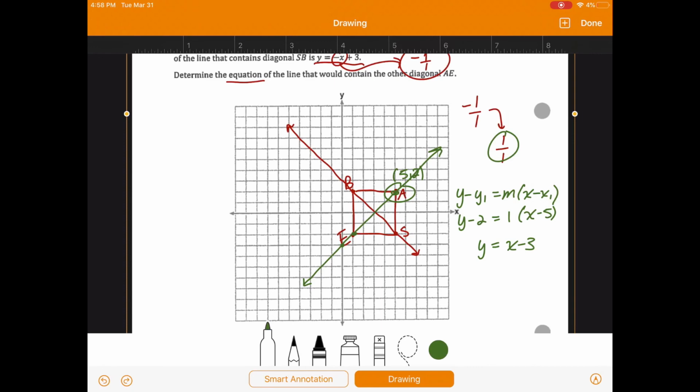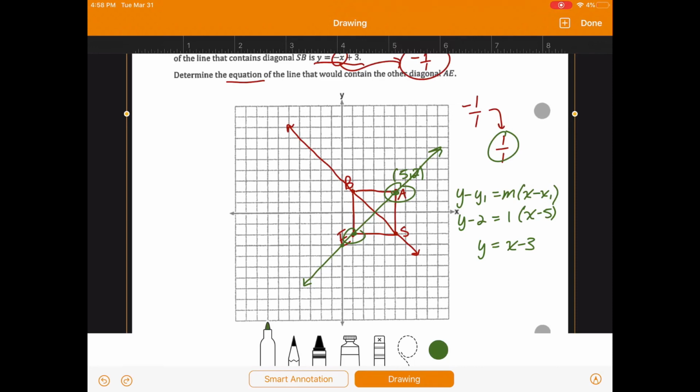Now, that would work if you did it with E instead. It would work if you decided that you were going to use this point, knowing that the diagonals of a square are going to be perpendicular bisectors of each other, so the middle of this line would also be a good point to use.